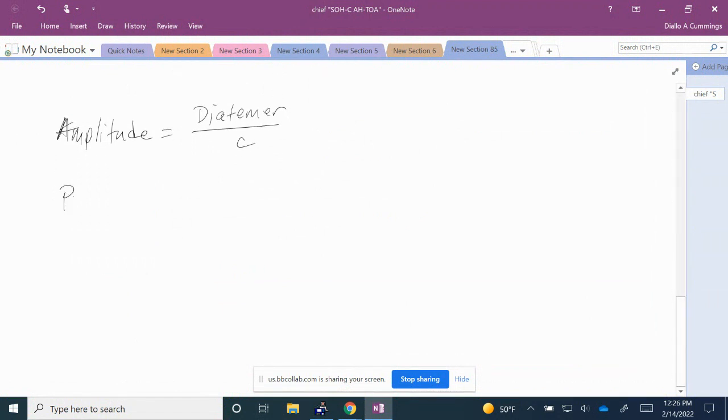The period is equal to the number of minutes for one complete revolution. So we simply take the number of minutes it takes to make one complete revolution, and that gives us our period.